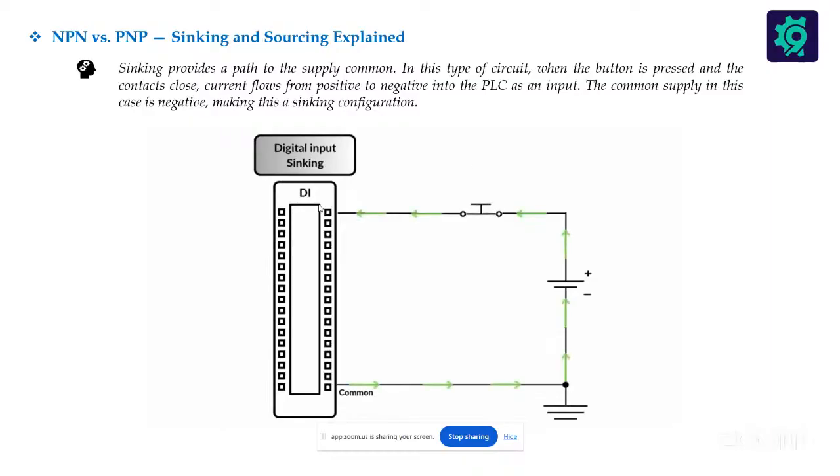In this configuration, the PLC already has the negative signal supplied to its common. So you can say your device is sinking into the PLC, because the positive of your battery cell is ending into the PLC. It is not coming out of the PLC.